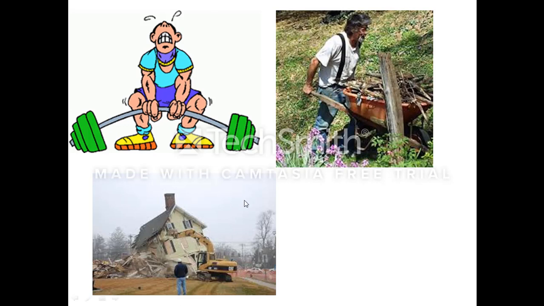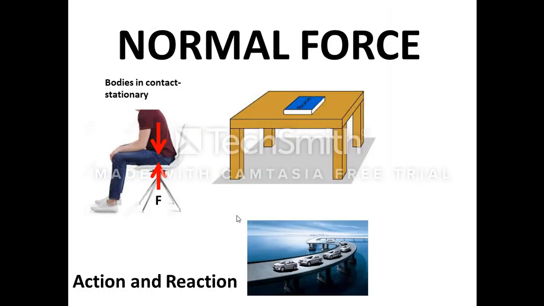And for a demolition of a house, the truck has to exert a force as a result of its motion for it to demolish the house. Therefore we can define an applied force as a force exerted on a body by another body, and usually the body exerting the force is in motion.